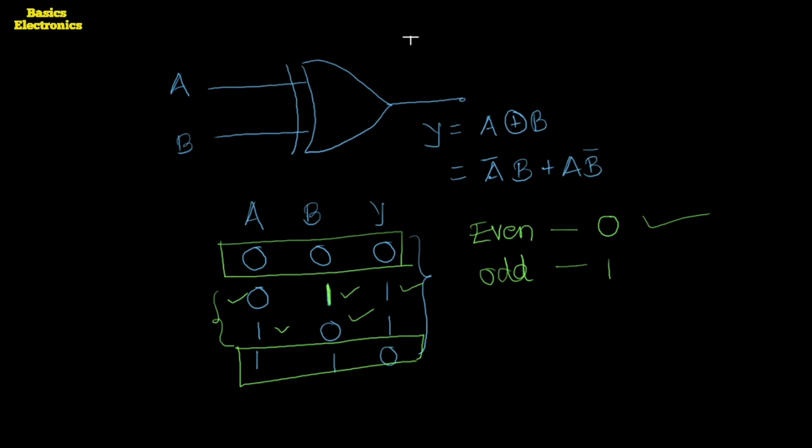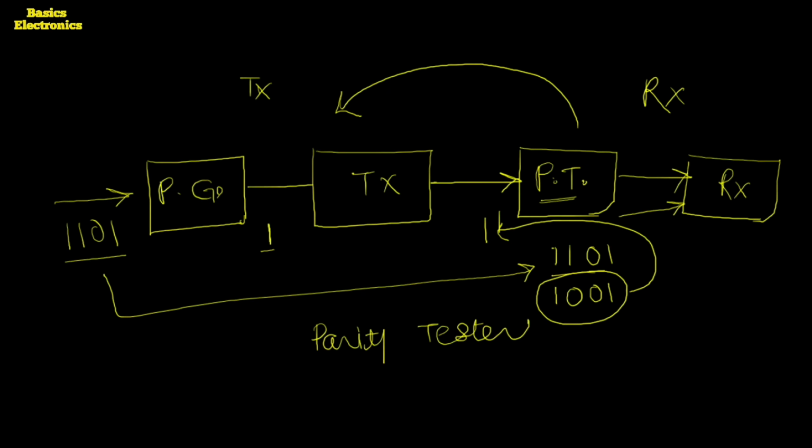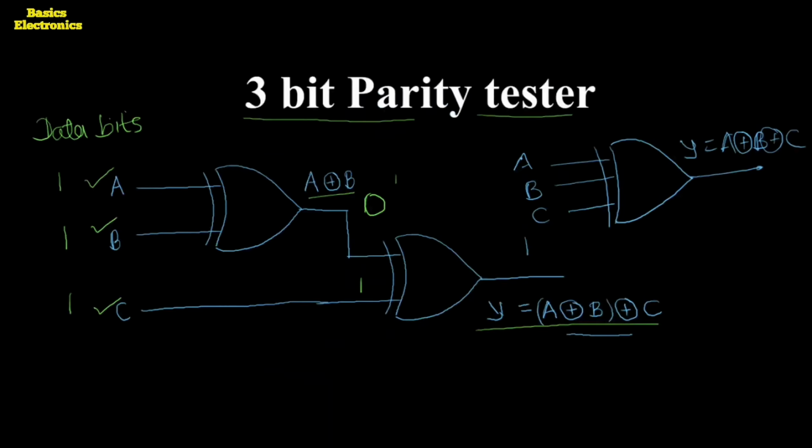Okay, when we draw the truth table, we use the number of inputs, and the inputs available are 3. So in the truth table the inputs are A, B and C. There is only one output, so we provide the output as Y. Then in the truth table we provide the number of ones, and at last we write down the parity.